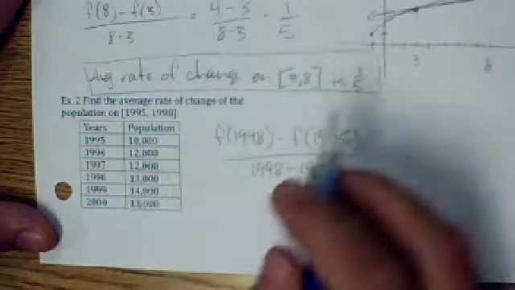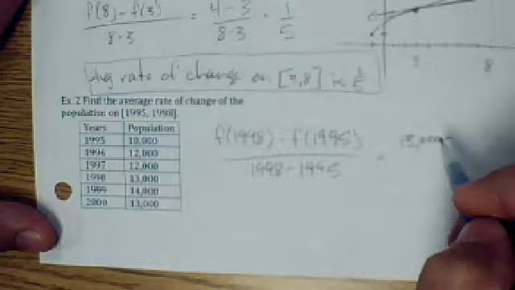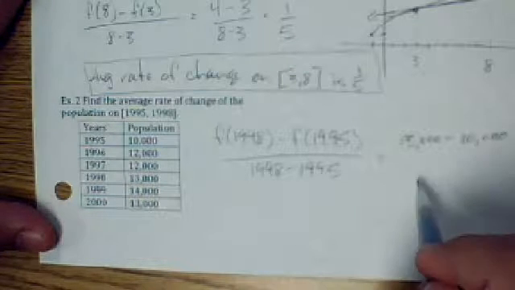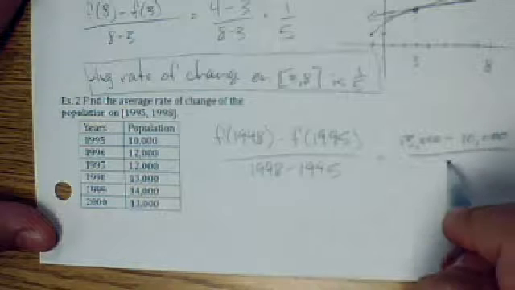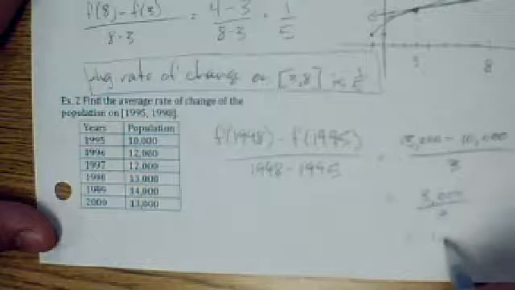So f of 1998 is 13,000. F of 1995 is 10,000. And then we put that over 3. And we get 1,000.